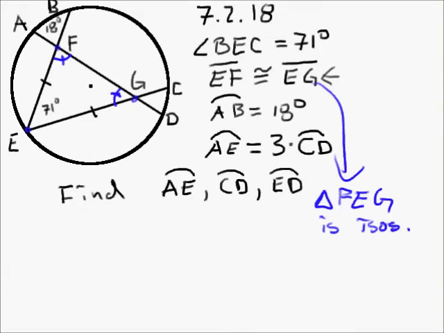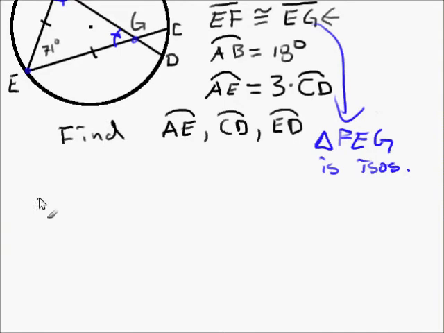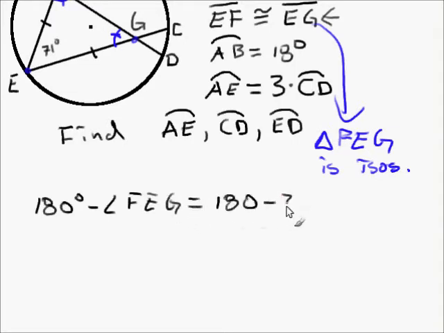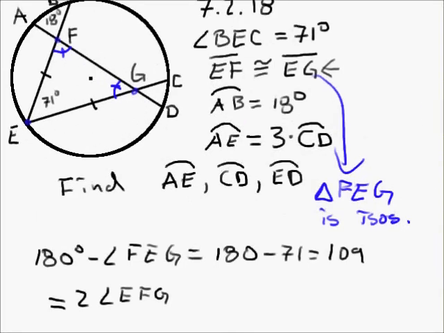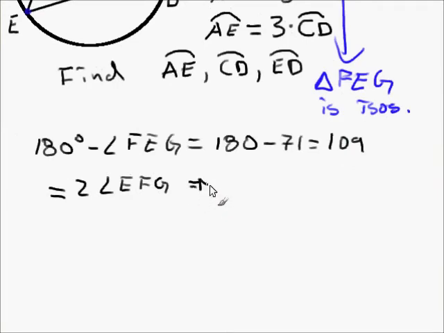So, 180 degrees minus angle FEG, which is 180 degrees minus 71 degrees, that's 109 degrees. That's equal to 2 times angle EFG, remember EFG is congruent to FGE. So angle EFG is half of 109, 54.5 degrees.